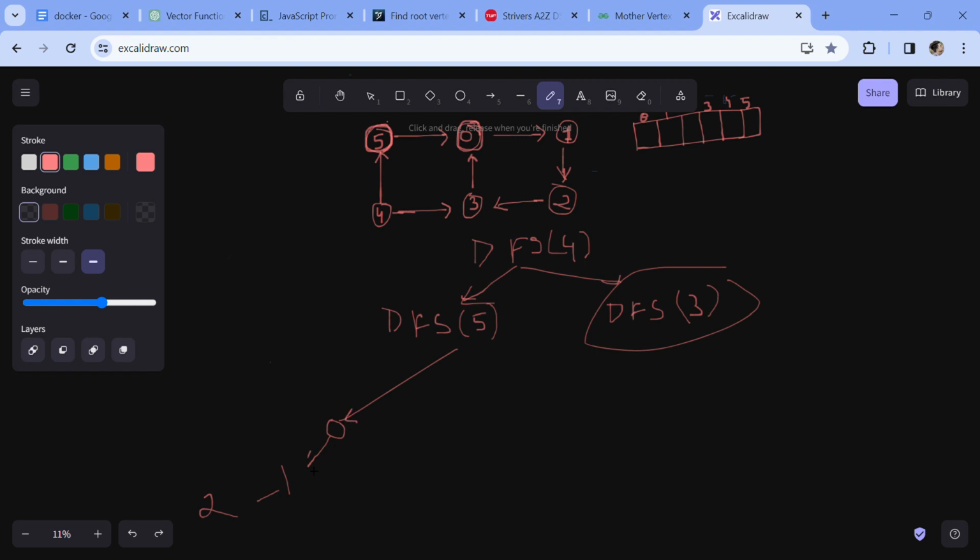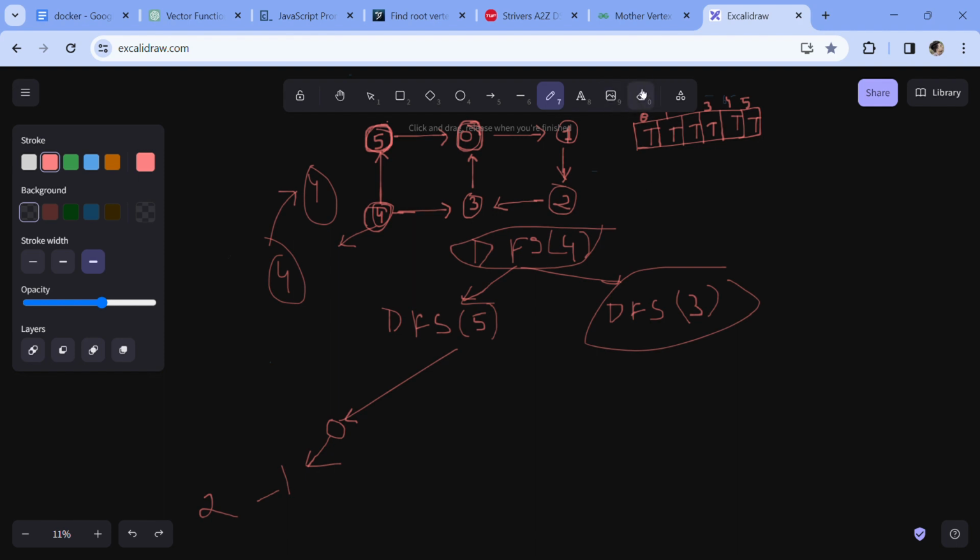So by hitting the DFS at node 4, it will mark all the nodes visited. That's our requirement. So we will store the value of this node, that is 4, and return this 4. So that will be our final output.